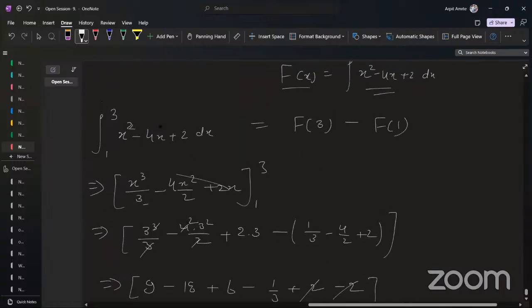So it means once you know how to integrate the inner part, you can easily integrate this whole thing.